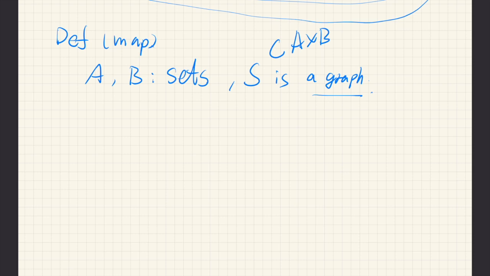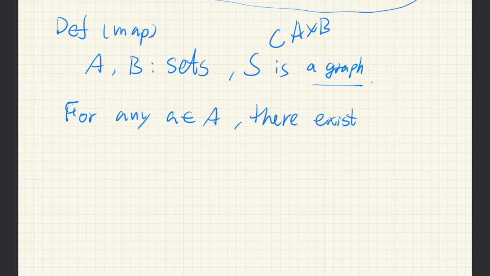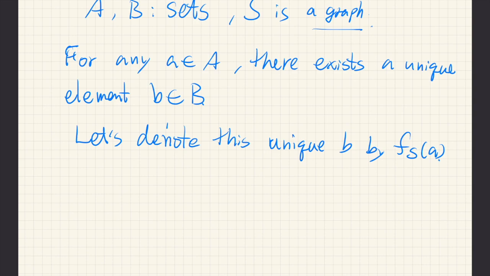Then we can define a rule that assigns an element of B to every element of A. So for any element A, there exists a unique element B in capital B. Let's denote this unique B by F_S of A. So B is denoted as this.